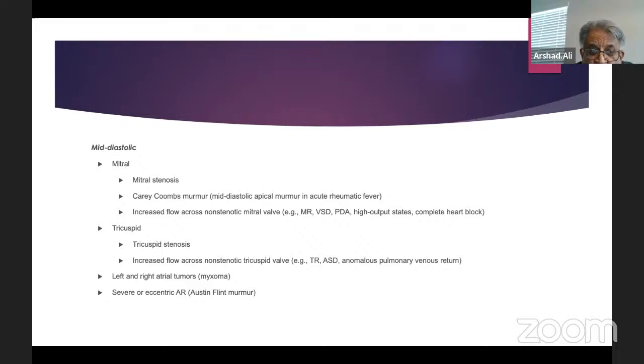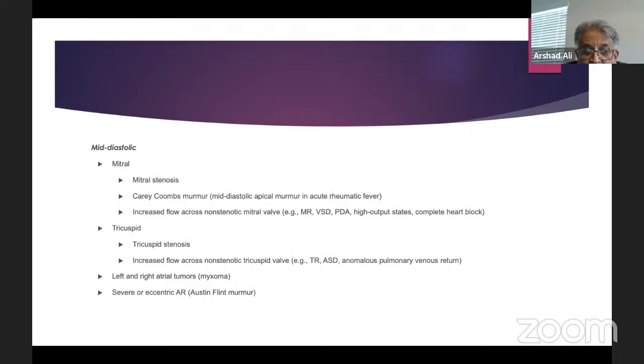Similarly, with tricuspid stenosis or increased flow across the tricuspid valve. A left or right atrial tumor can generate a mid-diastolic murmur because around that point, the myxoma may be prolapsing through the valve and creating a functional stenosis.